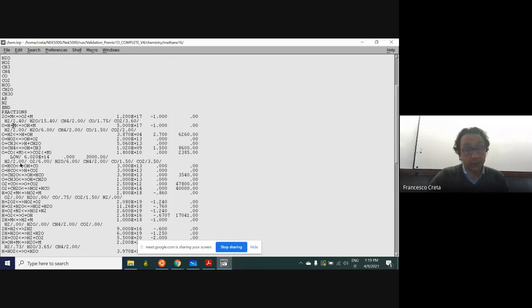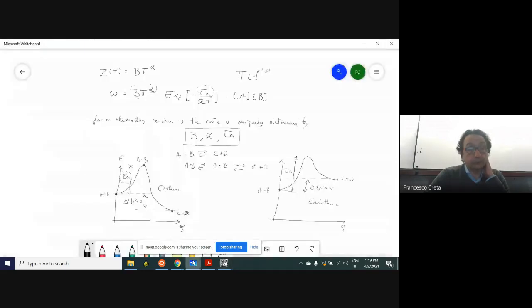Remember? So these 3 numbers will give us the K forward, essentially only the forward process, so the reaction constant of the forward reaction.